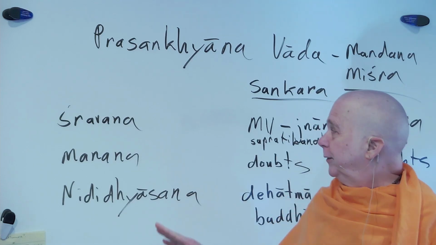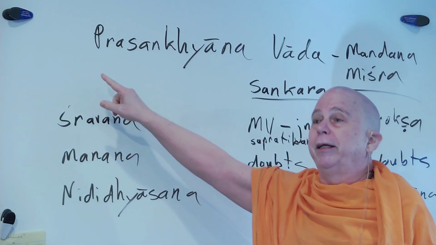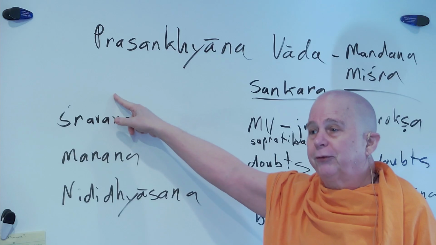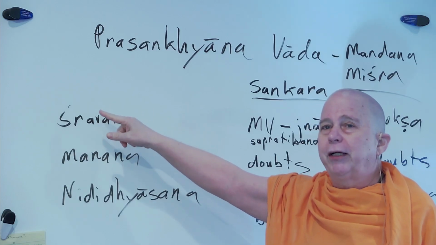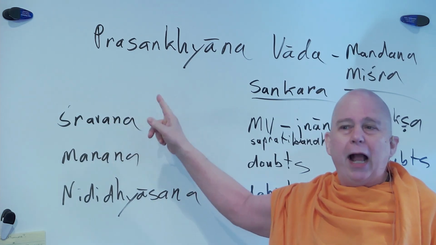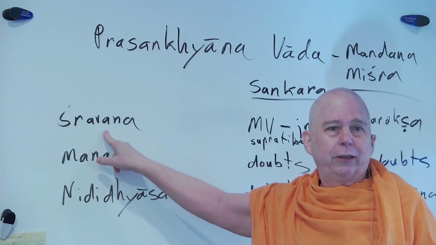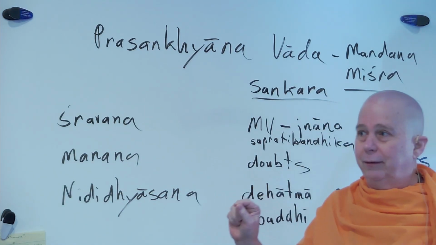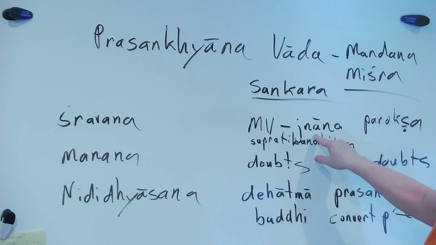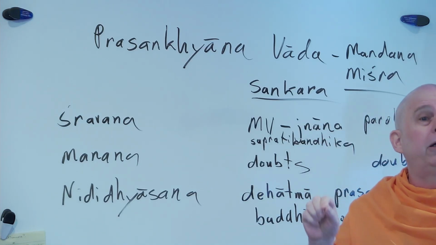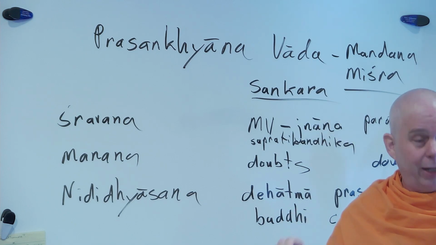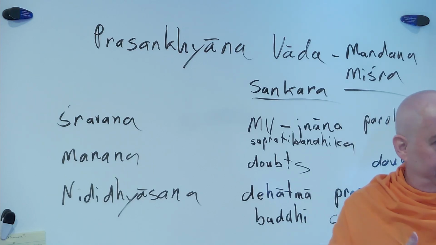Shravana then is a practice when a fully prepared student undergoes a process of self-inquiry guided by the scripture as unfolded by the teacher, then and only then the Mahavakya can lead to jnana. What kind of jnana? Aparoksha jnana, direct knowledge. You discover yourself.